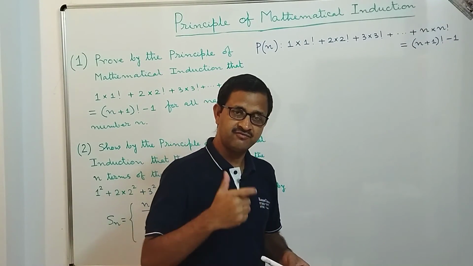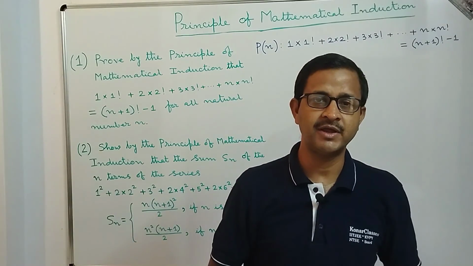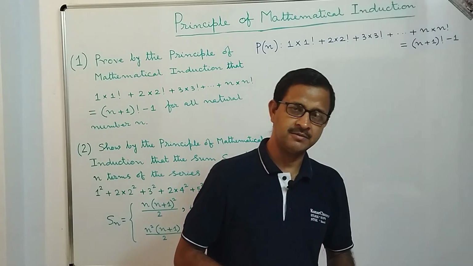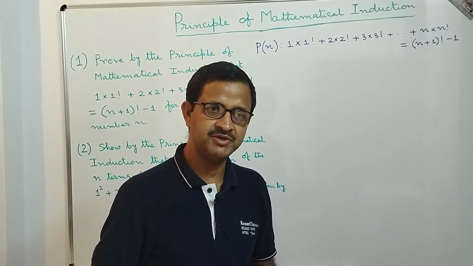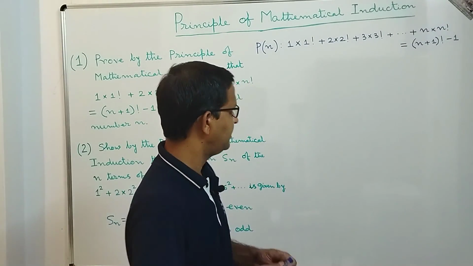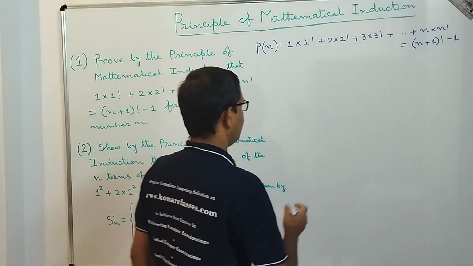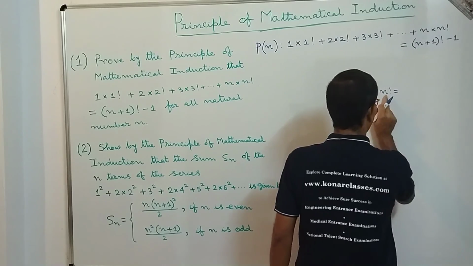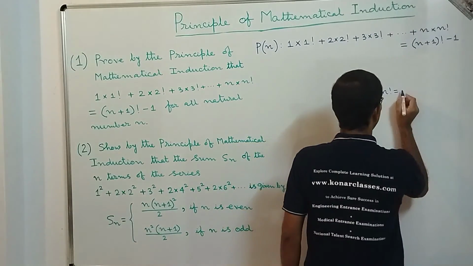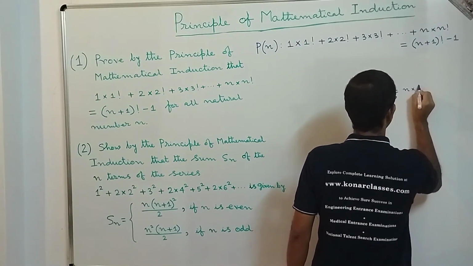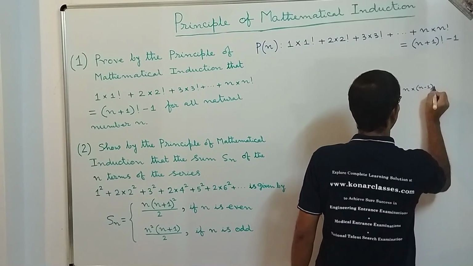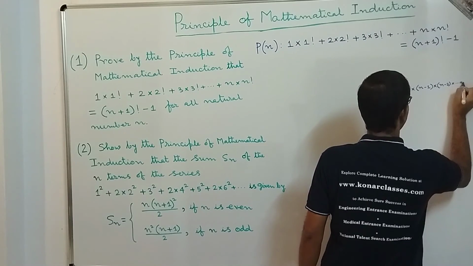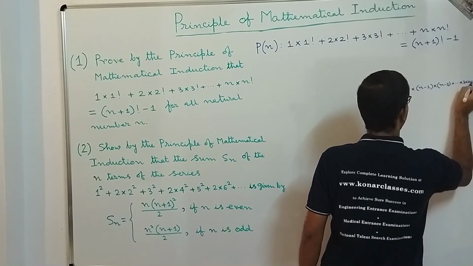By the way, if some of you are not aware of what factorial notation is, you can look into my permutation and combination video lectures, or I can tell you in brief. Factorial n, where n is a natural number, is n into n minus 1 into n minus 2, and in that way it goes up to 3 into 2 into 1.